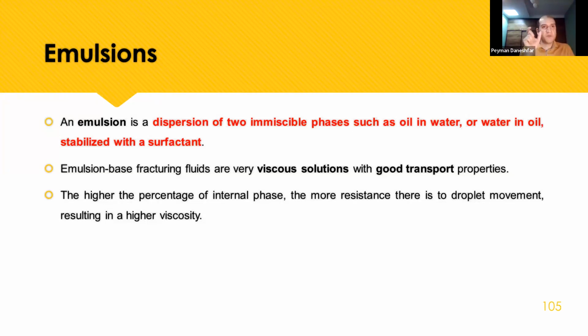Remember, surfactant will be included in emulsion fracturing fluid. Emulsion-based fluids are viscous solutions with good transport properties. The higher the percentage of internal phase, the more resistant there is to droplet movement, resulting in higher viscosity.